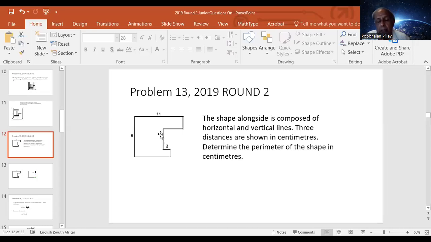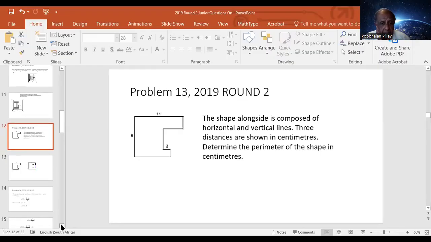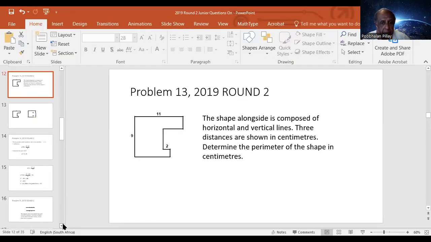So this is what we call problem solving, where you can actually cut this perimeter up into pieces and reposition them, as I have done, so that you can find the perimeter of the new repositioned diagram. And what happens is that you reposition them so that you can get to the perimeter of a rectangle. You know how to calculate that.